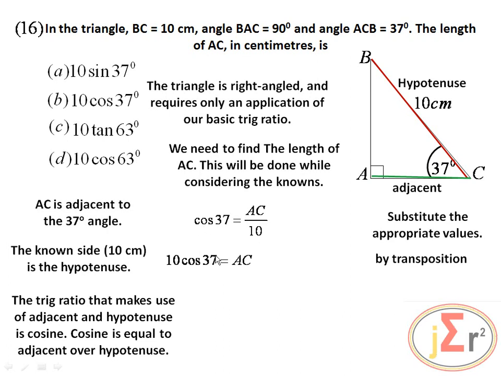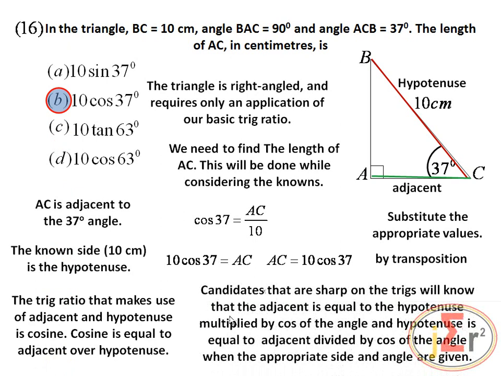So we have 10 cos 37 is equal to AC, and we like to put the subject of the formula on the left hand side, so AC is equal to 10 cos 37, and of course that is our correct answer.